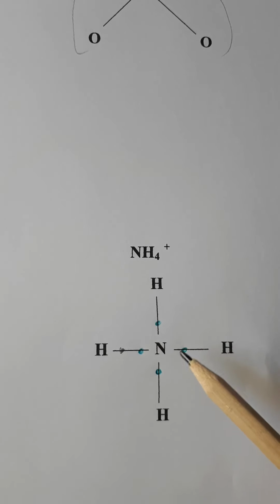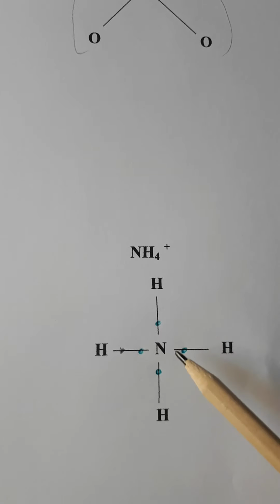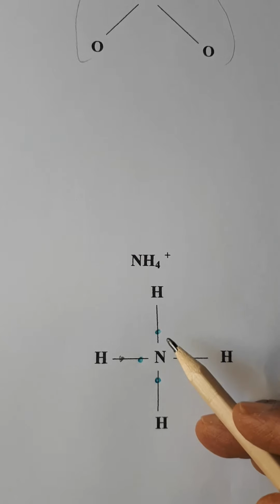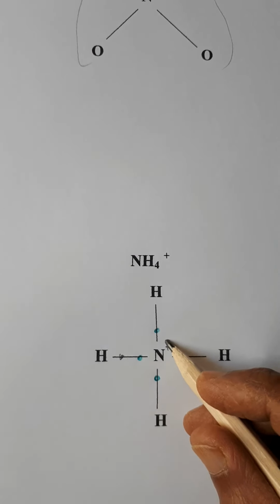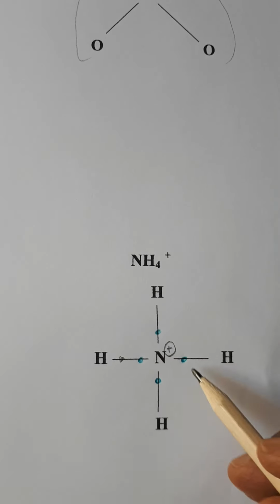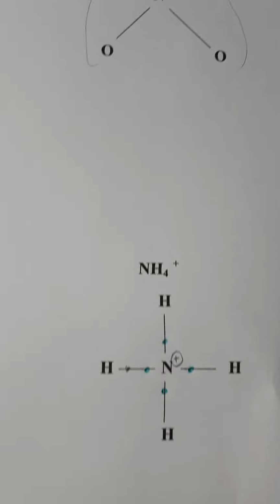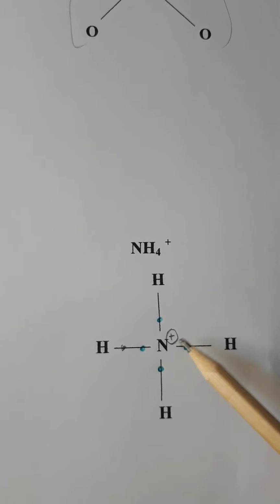Usually it is supposed to have 5 electrons. 5 has become 4. That means it has lost an electron. If you go to lessons number 2 and 3, you will see when you lose 1 electron, it becomes plus. So we say that nitrogen has a formal charge of plus 1. We have to circle to show the formal charges. So this plus charge is actually appearing on the nitrogen atom.